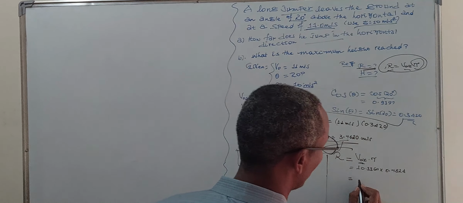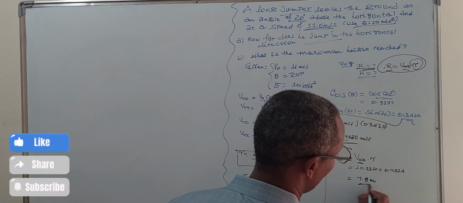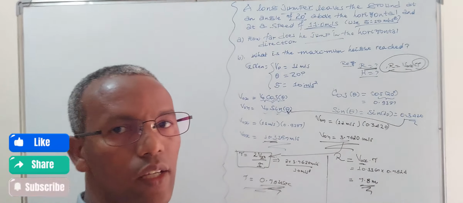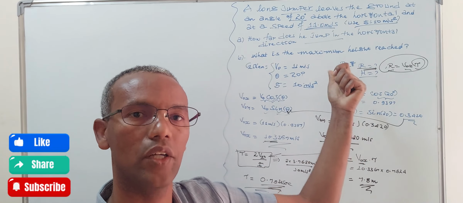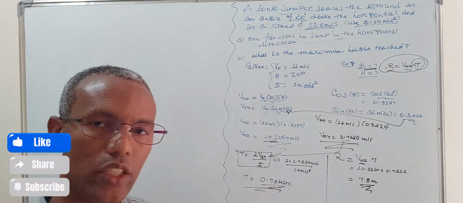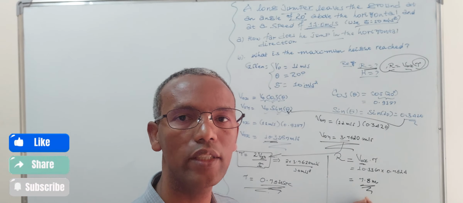So what you will get is 7.8 meters. Okay, this is the horizontal range of the jumper, meaning that the jumper jumped horizontally 7.8 meters.